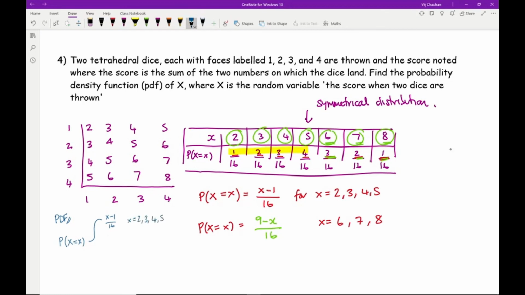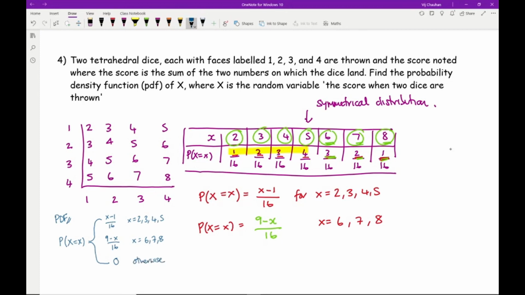We've then got a formula of 9 minus x over 16 for values of 6, 7 and 8. Now, one thing that a lot of students tend to forget is we then need to write 0 for all other values of x.